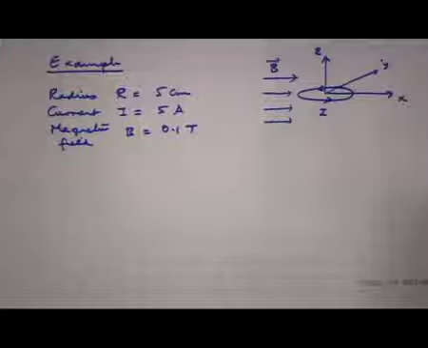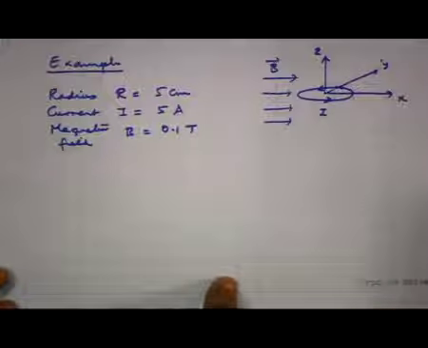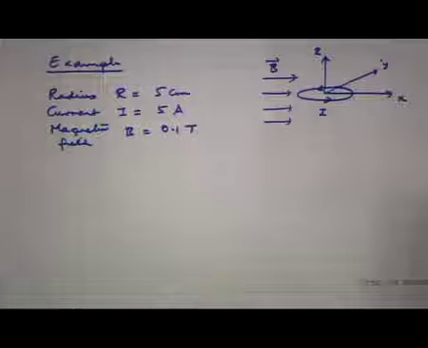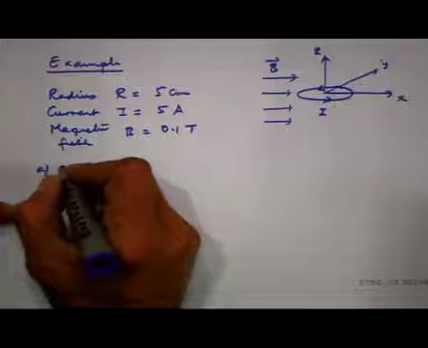So, I am given a loop of radius 5 centimeters carrying a current of 5 amperes and placed in an external magnetic field of strength 0.1 Tesla. So, first let us calculate the magnetic moment of this loop.